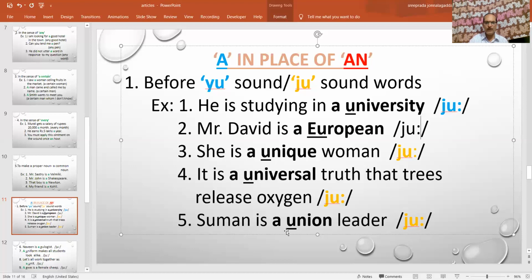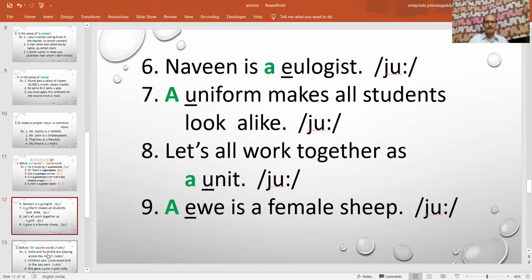That's why we have to say a union leader. So where we have to use a here: a university, a European, a unique person or woman, a universal truth or universal rule, a union leader. Like this, we have to use a before these words.